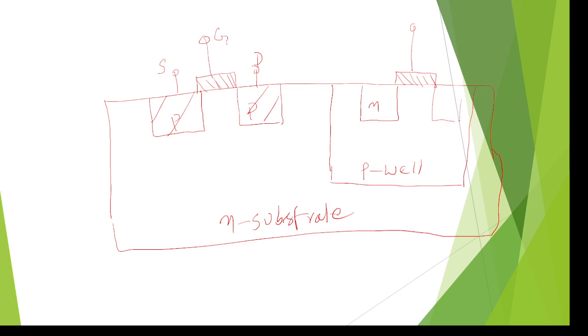By using a mask we can diffuse the electrons, because it is already a P-well, so there is only the chance to design the right side NPN transistor. This is the NMOS N diffusion symbol, and this is the P diffusion symbol. Like this we can design the P-well process. Using the P-well we can design two transistors at a time.